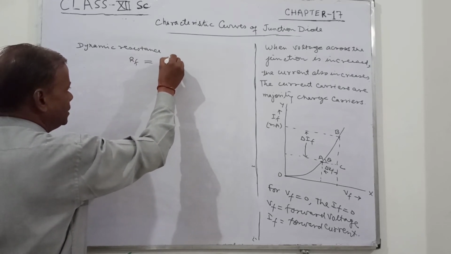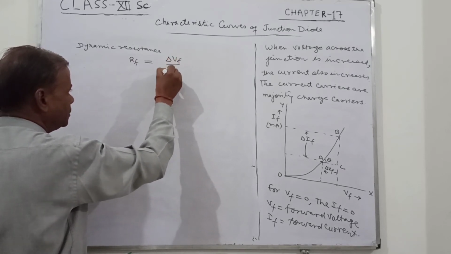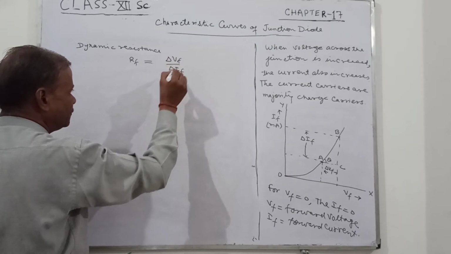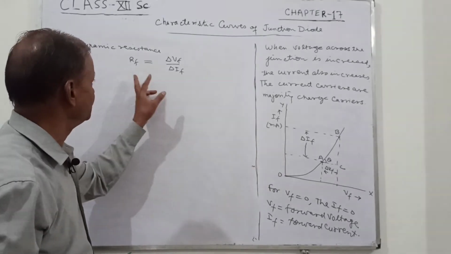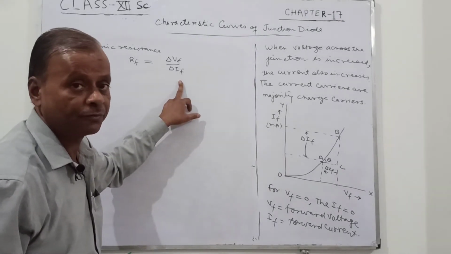This is your delta Vf upon delta If. And since If is in milliampere, this resistance will be of the order of 10 raised to the power 3.